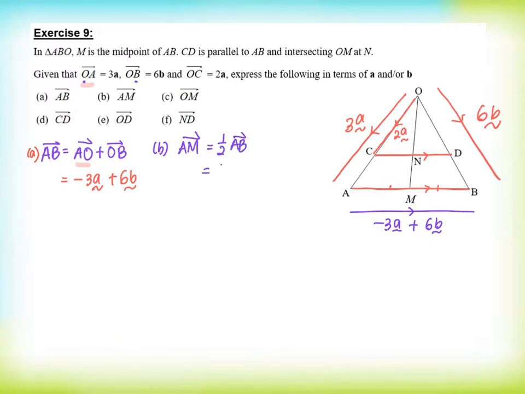And that gives me half of the vector negative 3A plus 6B. Negative 1.5A plus 3B.